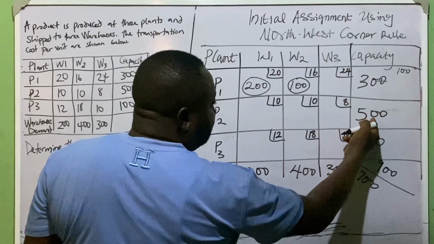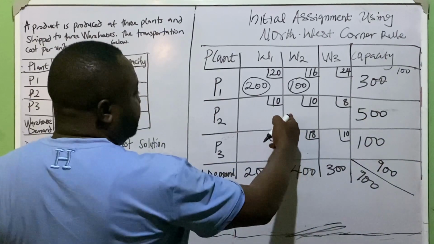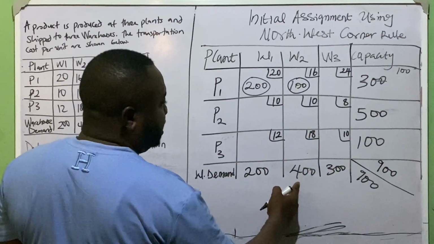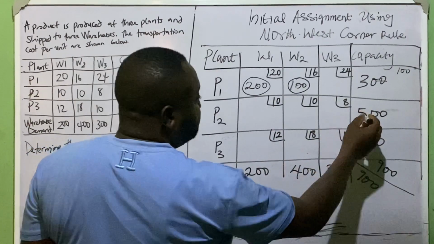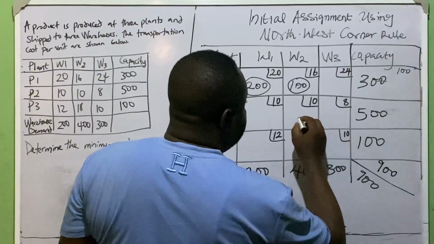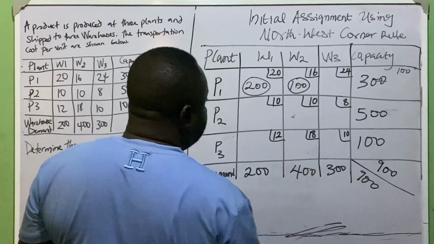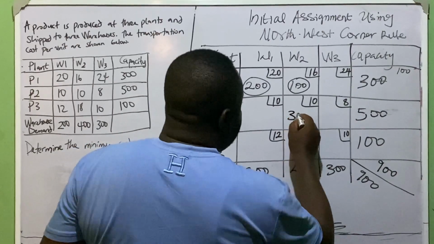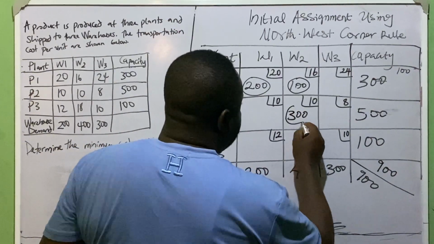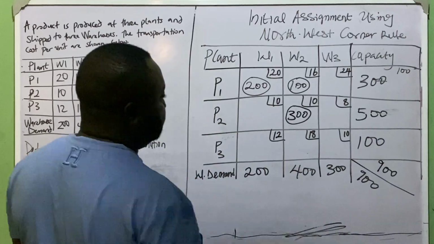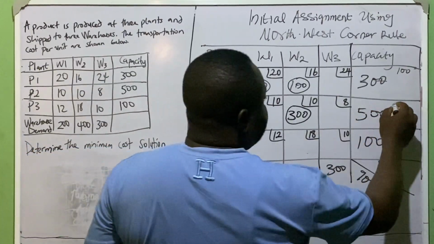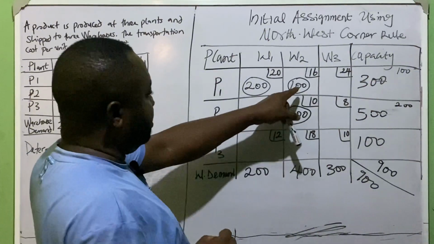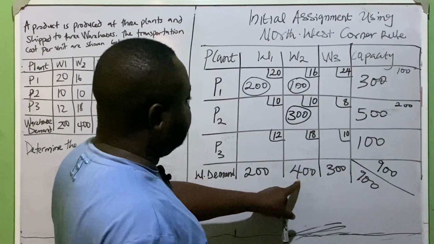So we simply take 300 from this 500 and give it to W2 to make up for what he wants, which completes it. It's now satisfied. So don't forget to have 200 left here. So 100 plus 300 is satisfied here.